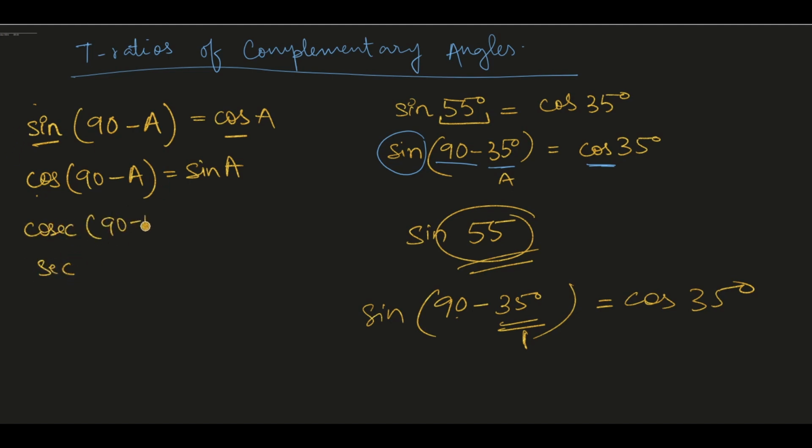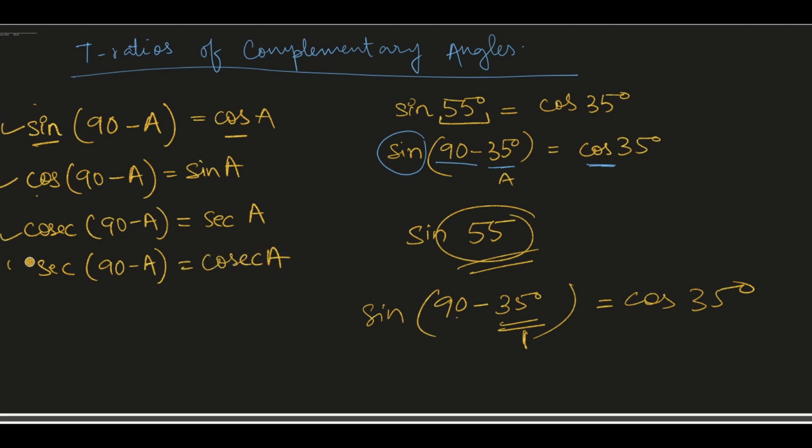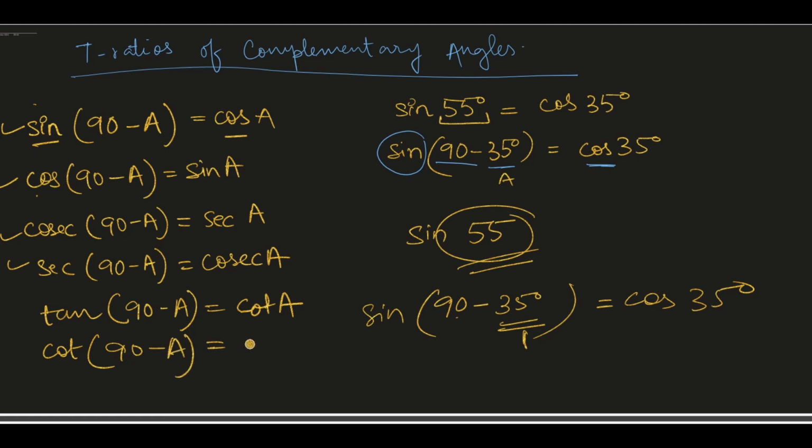Cosec of 90 minus A becomes sec A. Sec of 90 minus A becomes cosec A. So now sine, cos, cosec and sec are done. What's left? Tan and cot. So tan of 90 minus A becomes cot A, and cot of 90 minus A becomes tan A.